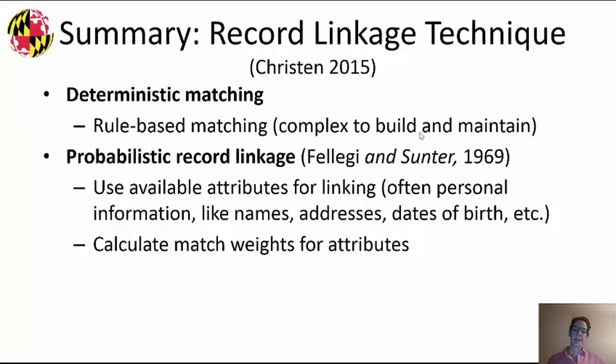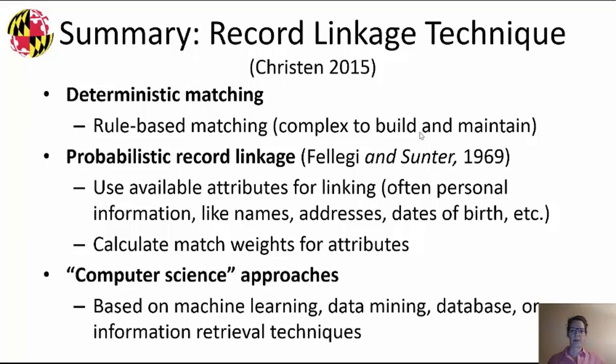It's a way to use available attributes for linking, many of them, and calculates match weights for attributes in the file. And then finally, we have computer science approaches, many of them based on machine learning, data mining, database techniques. And we'll have in the next module additional material for you to review those, even though there's not a video introducing them.